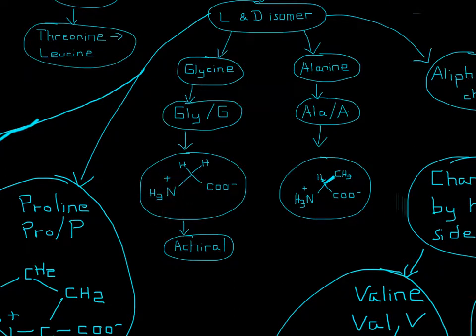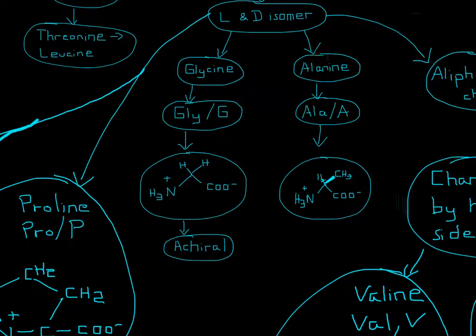It has the traditional amino group and the carboxyl group, and for its side group, it actually just has one hydrogen, because we always have that alpha hydrogen. So it's the simplest amino acid, and it's achiral, because the definition of chirality is 4 unique groups. Since this has 2 of the same, you can't have chirality. Therefore, it's the only amino acid that's achiral.